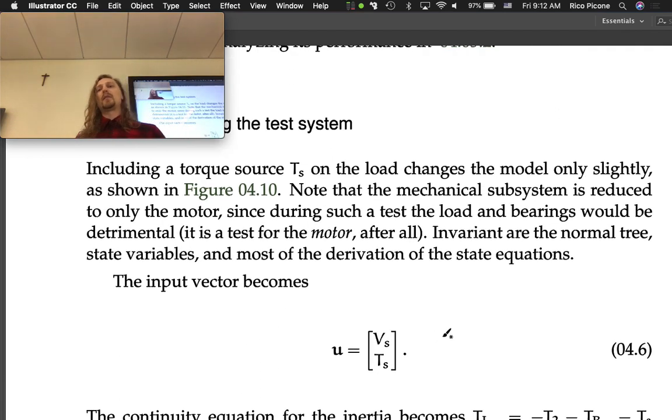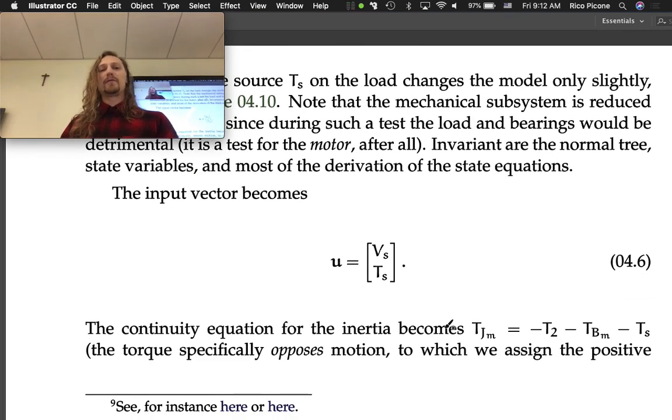Invariant from the previous model are the normal tree, state variables, and most of the derivation of the state equation, so we're not going to go through an extensive re-derivation of the state model because it's virtually the same as the previous one. I'll mention the differences.